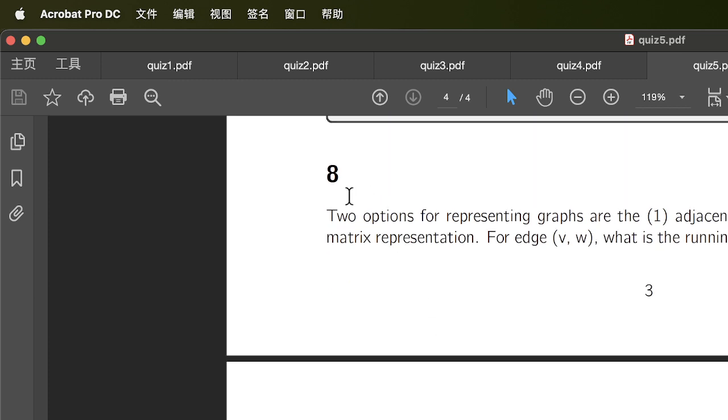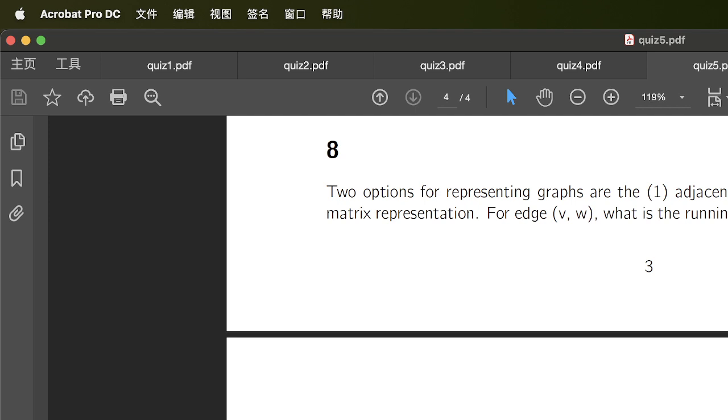Okay, question 8. Two options for representing graphs are, the first one, adjacency list, and the second one, adjacency matrix. For edge VW, what is the running time of checking if it exists in the matrix representation, where n is the number of nodes in the graph? There may be multiple correct answers, so select one.